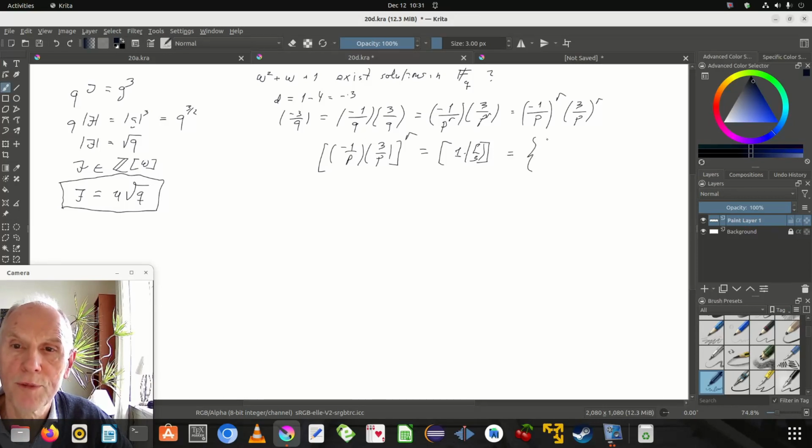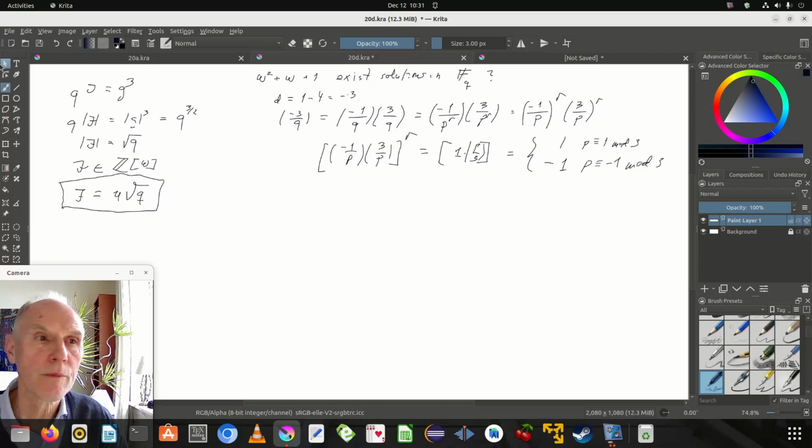And that means if P is equivalent to 1 mod 3, it gives 1. And if P is equivalent to minus 1 mod 3, it gives minus 1. So it agrees, as I expected, with the quadratic symbol.